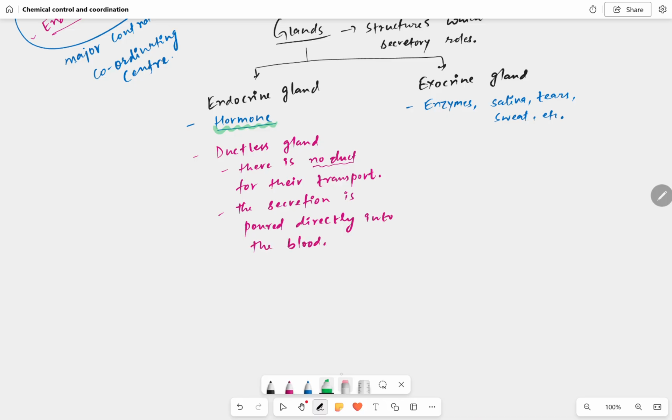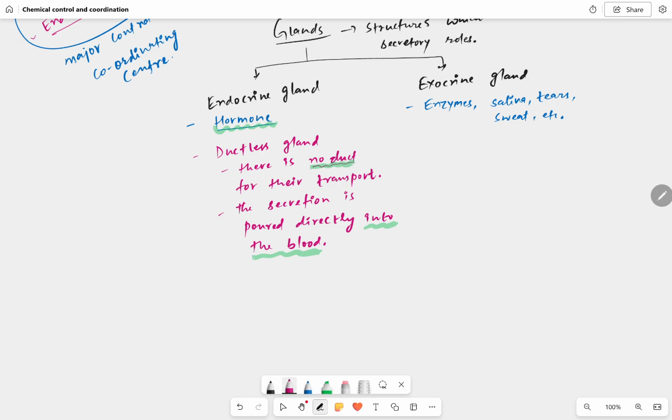The two major points here are that there is no duct in the endocrine gland, and the chemical secretion, which is hormone, is directly secreted into the blood.